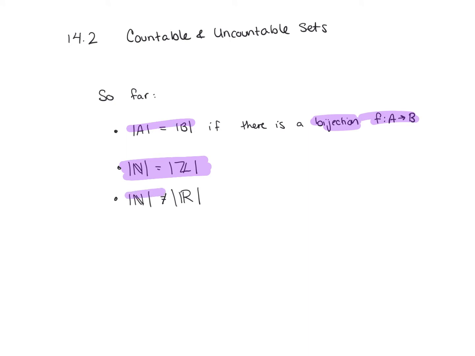And we saw that the cardinality of the natural numbers is not the same as the cardinality of the real numbers. So there's going to be a lot of sets that do have the same cardinality as the natural numbers. We're going to give those sets a special name, and those are going to be our countable sets. So let's talk about that on the next slide.